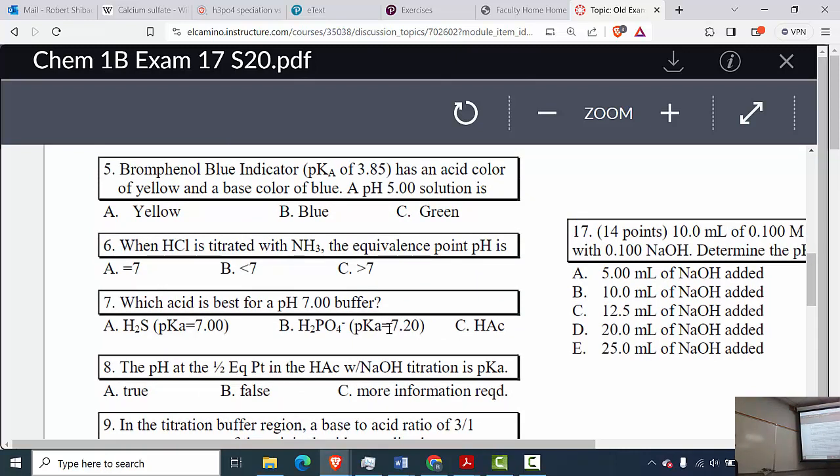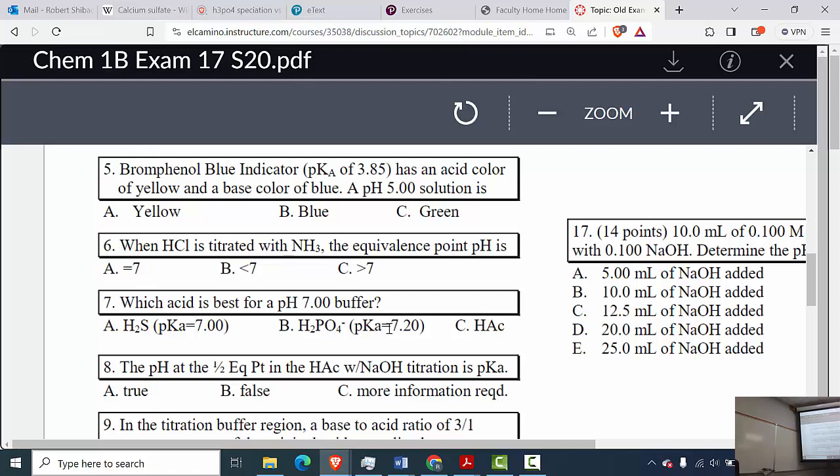Question 6. When HCl is titrated with ammonia, the equivalence point pH is? Well, what's formed? When HCl reacts with ammonia, what's the salt that forms? The salt that's going to form is ammonium chloride. And ammonium chloride is neutral, but is ammonium acidic or basic or neutral? Ammonia is a base.